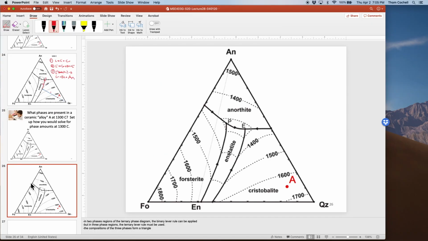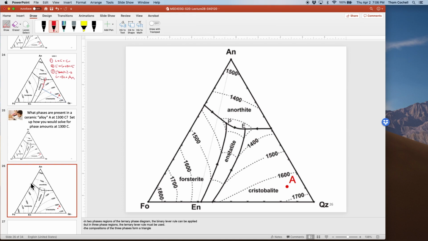All right, so now we're going to go ahead and work through this together. So, I've got a blank diagram, and we might also refer back to the crystallization path that I had before. But the question is asking about 1300 degrees.